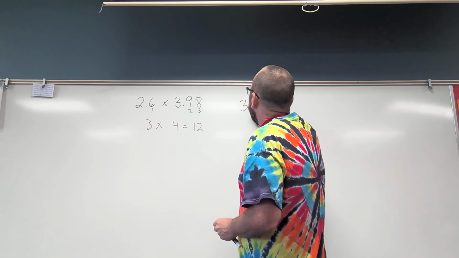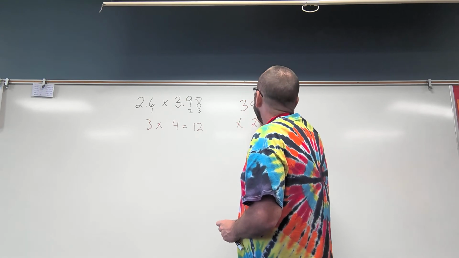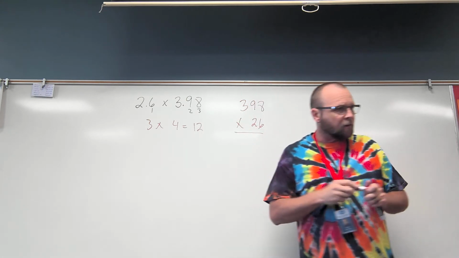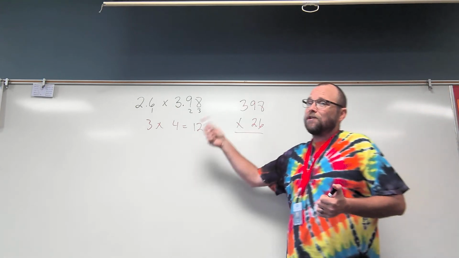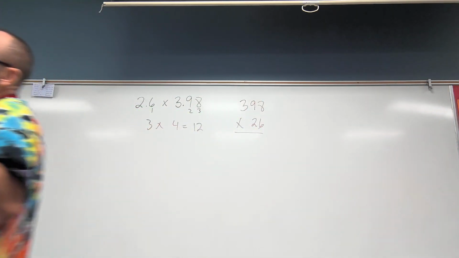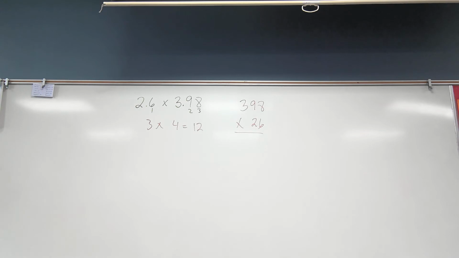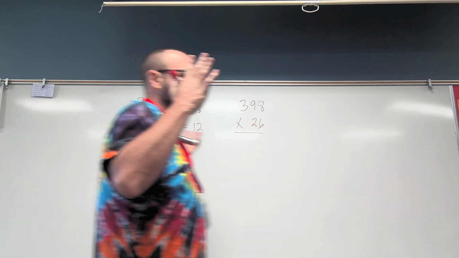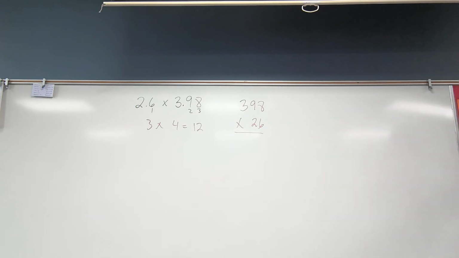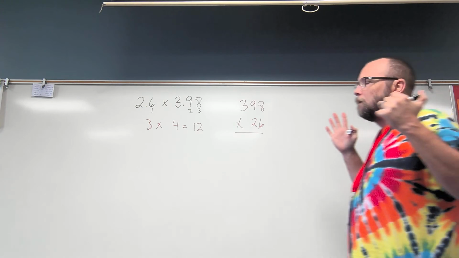We have 398 times 26. Why did you put 398 on top? Because it has more digits, and it's just easier if I put the one with more digits on top. It's not going to change anything.